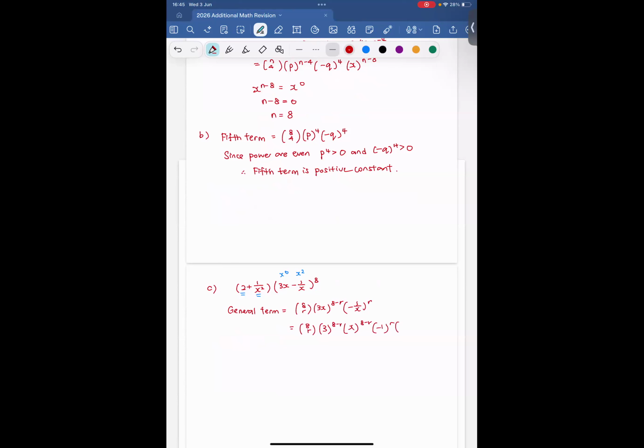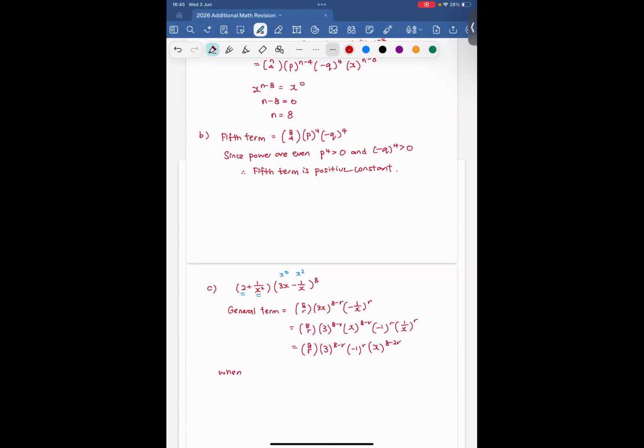Negative 1 power r, 1 over x power r. Then this will be x power 8 minus 2r. Okay, so we just need to find the coefficient of x squared.